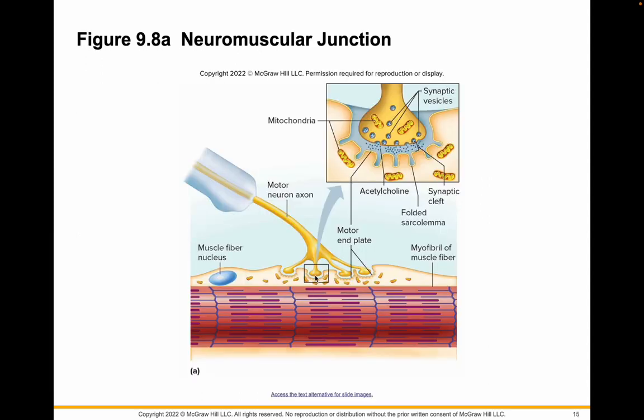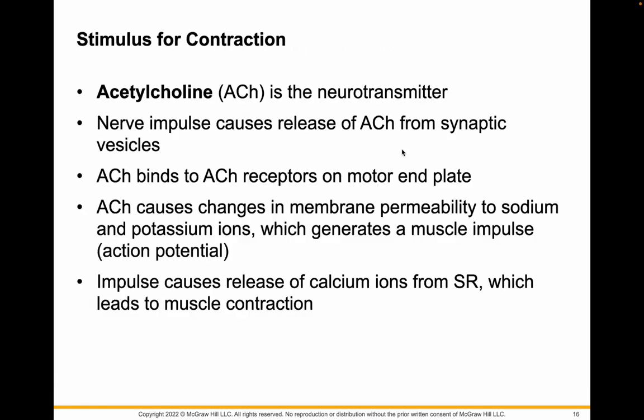And so then it will cause the action potential to occur and run down the sarcolemma into a T-tubule to contract these sarcomeres. And so here you can see the synaptic vesicles releasing their acetylcholine, and that is the major neurotransmitter for skeletal muscle.